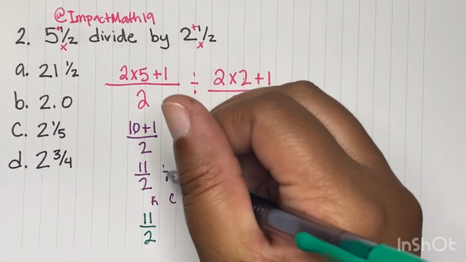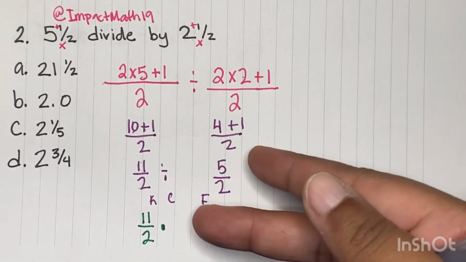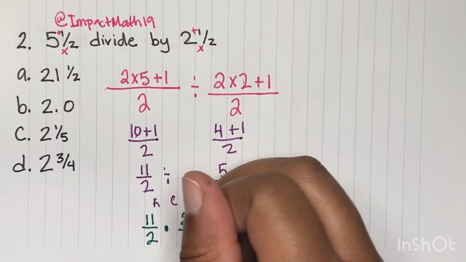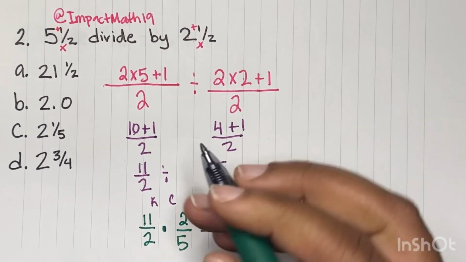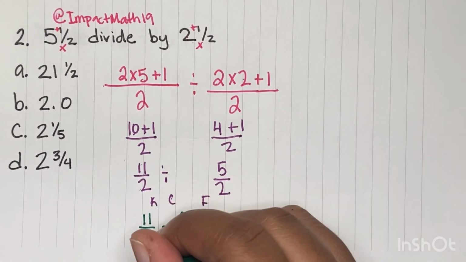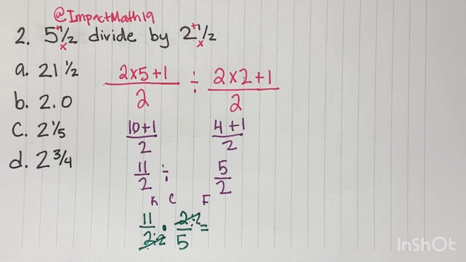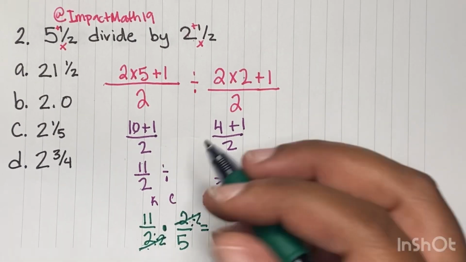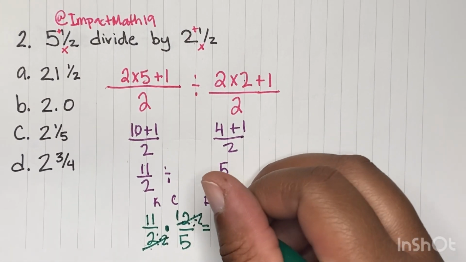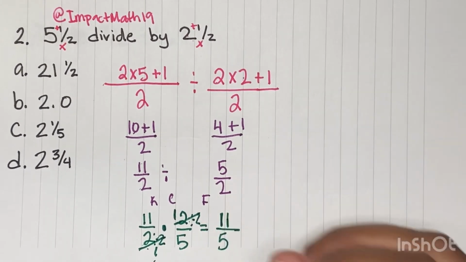And we're changing this division to times, and we're going to flip this, which is called the reciprocal, 2 over 5. Our 2's can cancel out because if we divide this by 2 and we divide this by 2, they cancel. So we're left with 11 times 1 equals 11, and 1 times 5 is 5.